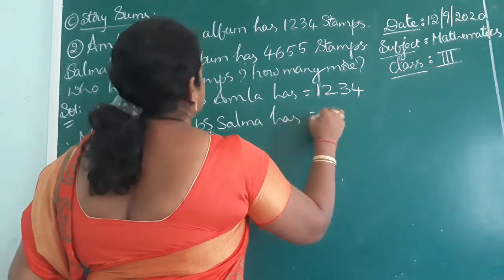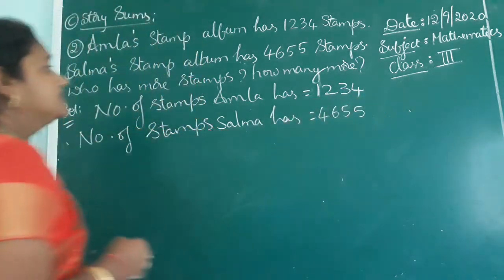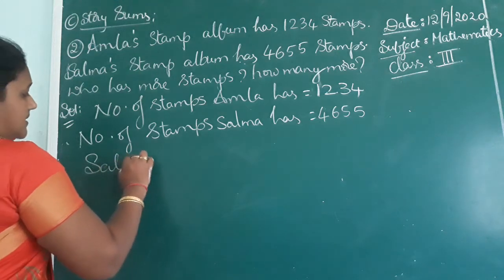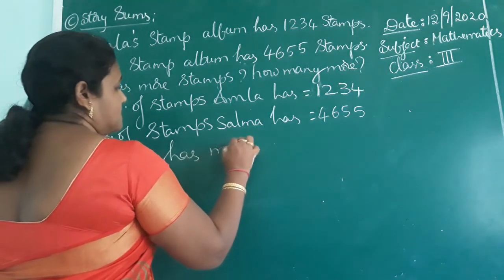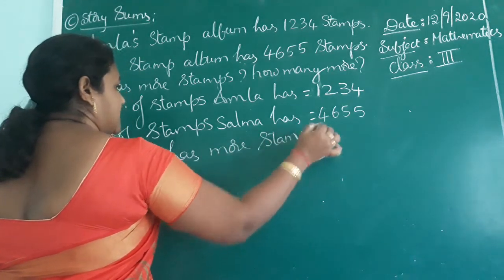How many does she have? 4655. Okay. In that, who has more stamps? Salma has more stamps.